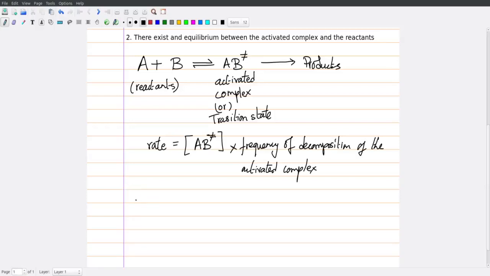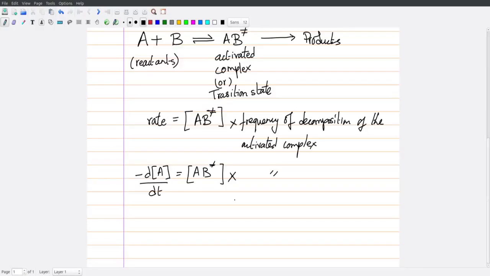So we can write this, in our traditional differential equation, as dA by dt equal to AB dagger times the frequency of decomposition of the activated complex.